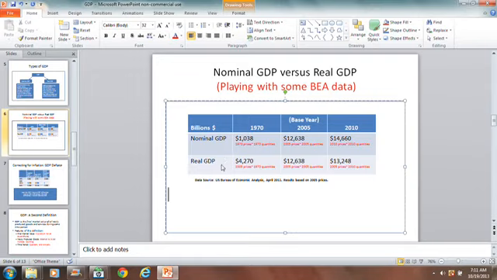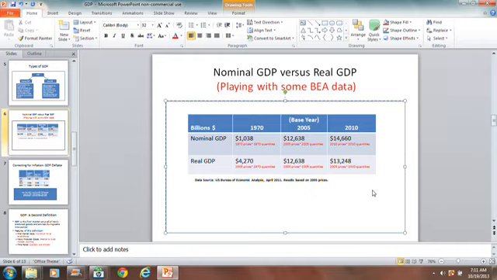I just pulled some select years from this data source, and the years I focused on were 1970, 2005, and 2010. They give me some nominal GDP numbers and real GDP numbers for these respective years, so I can use them to further illustrate the difference between nominal and real GDP.